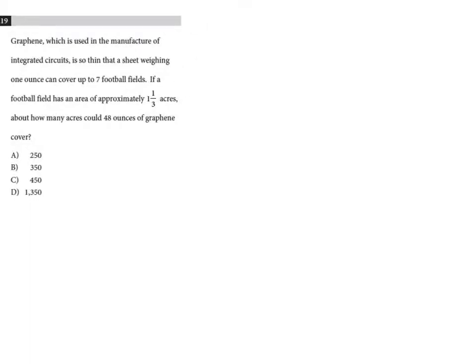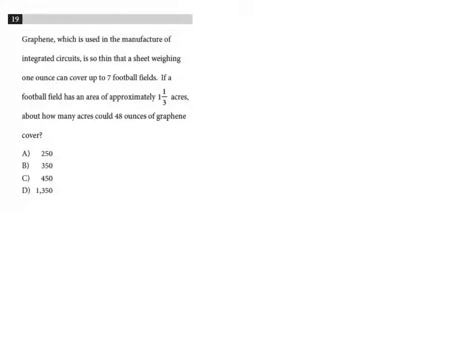Okay, so we know that we can cover 7 football fields, and a football field is this many acres, so it's going to be 7 times that many acres, and I'm going to write that as an improper fraction. That's going to be 4/3.